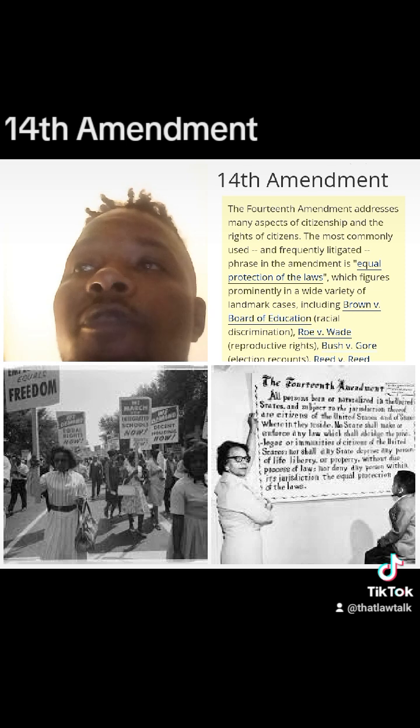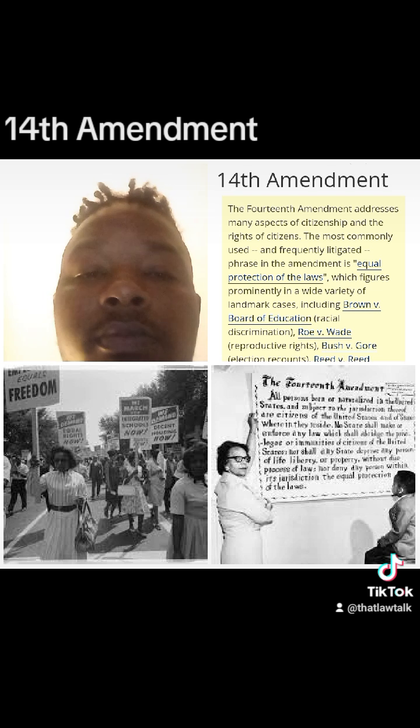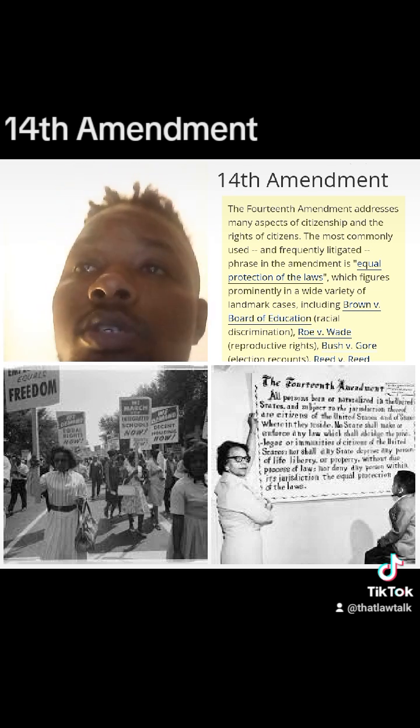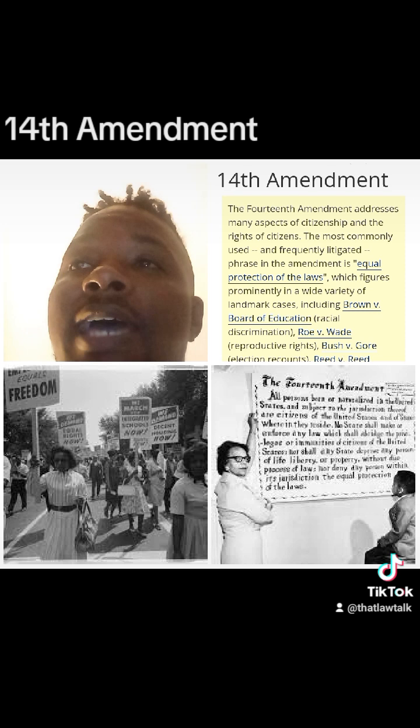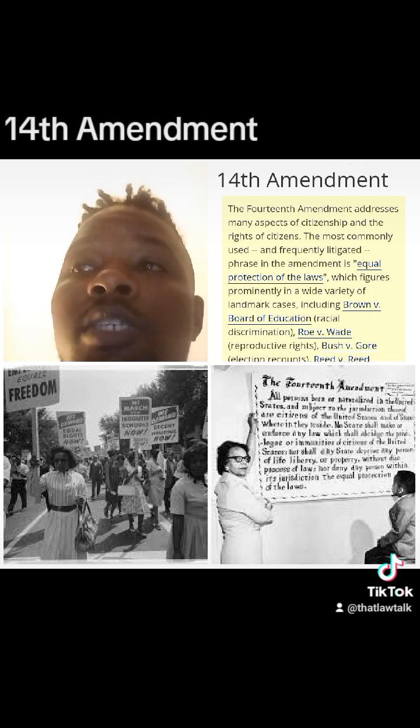It guarantees fair and lawful treatment to all individuals within the jurisdiction of the United States. Equal Protection Clause. This clause mandates that states provide equal protection under the law to all individuals within their jurisdiction. It is a foundational principle for civil rights and has been central to many Supreme Court decisions addressing issues of discrimination.